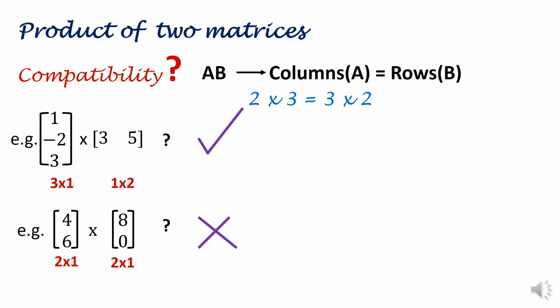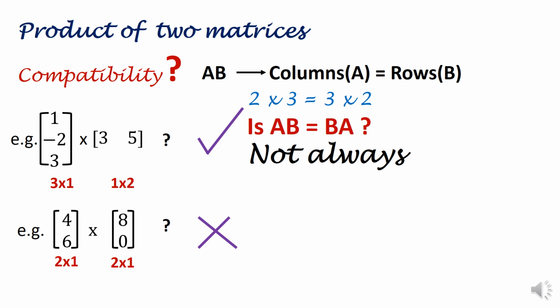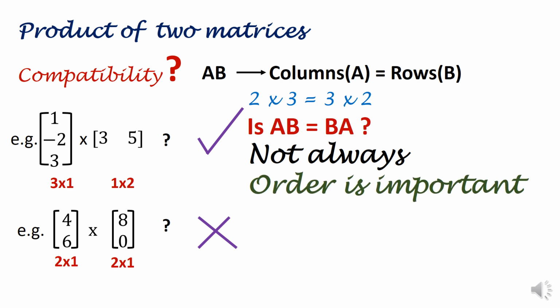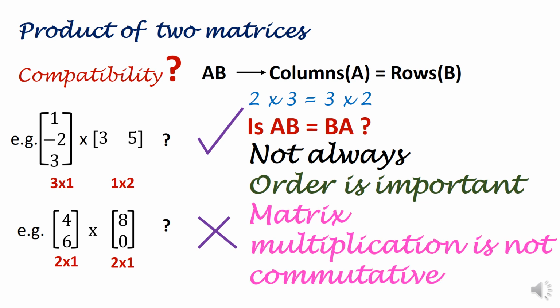What about matrix multiplication? Is AB equal to BA? Not always. That means the order in multiplication is very important for matrices. You cannot say that A into B will give the same answer as B into A. Thus, we say that matrix multiplication is not commutative.